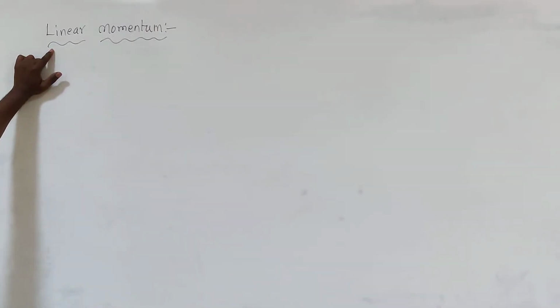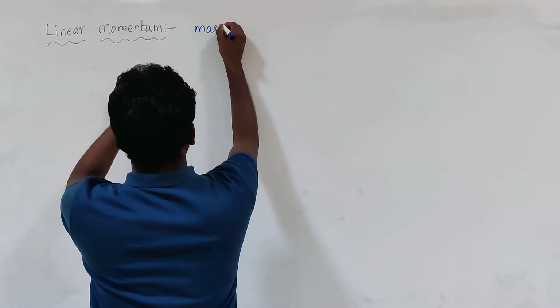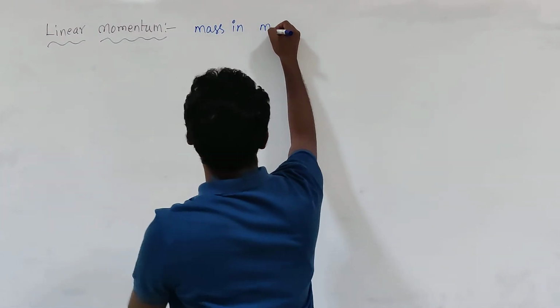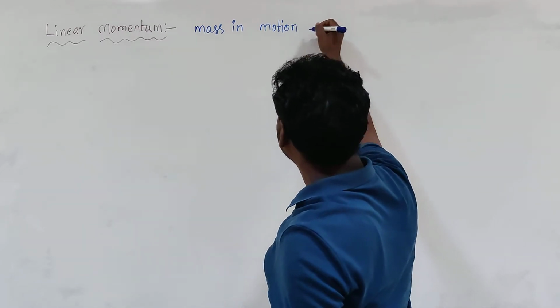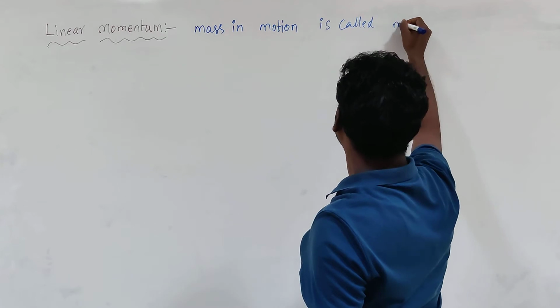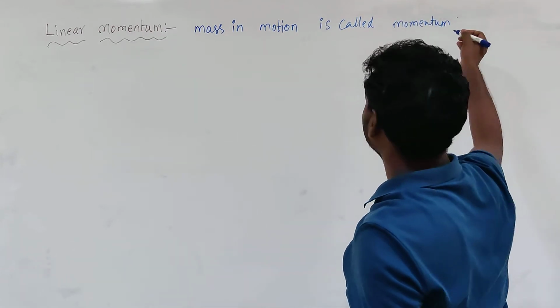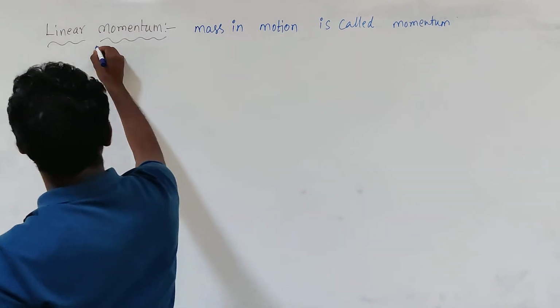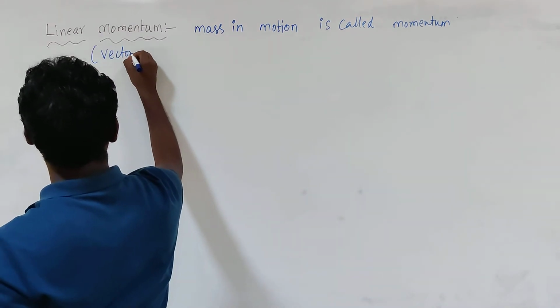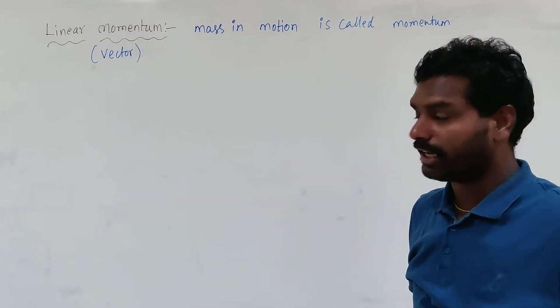Now our next topic is linear momentum. Momentum is nothing but mass in motion. Mass in motion is called momentum. Linear momentum is a vector quantity, which means it has both magnitude and direction.